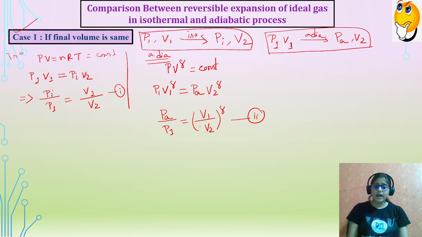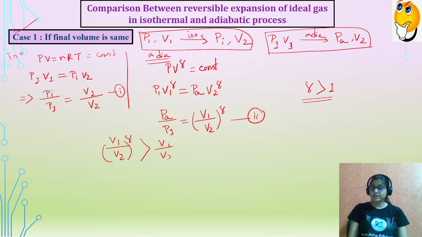We know that the gamma value is greater than 1 for all the cases. So if it is greater than 1, then V1 by V2 to the power gamma is obviously greater than V1 by V2, as gamma is greater than 1.